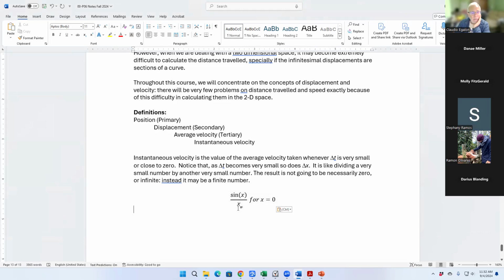Sine of x over x is a very good example whenever x is equal to 0. Remember, sine of 0 is going to be 0, and x at x equal to 0 also gives 0 downstairs.